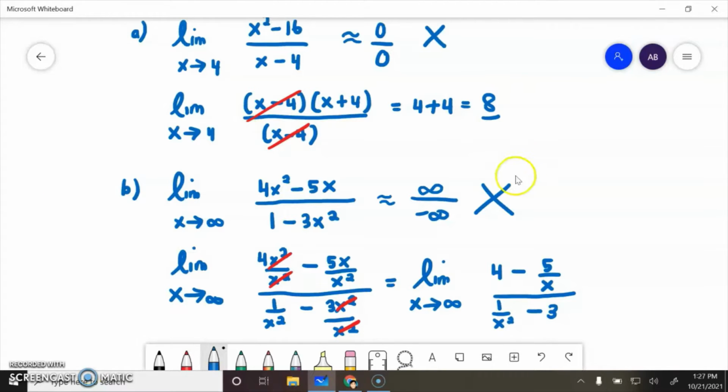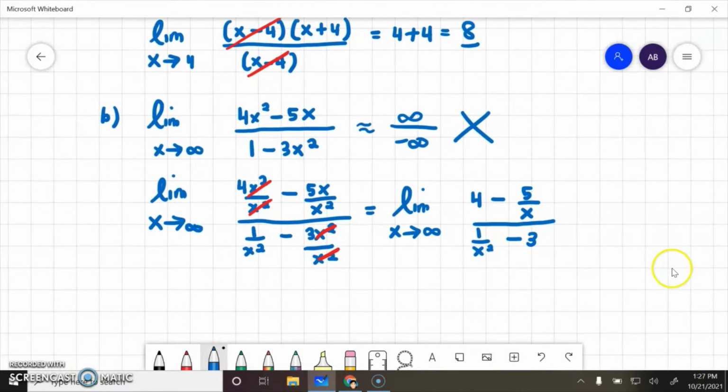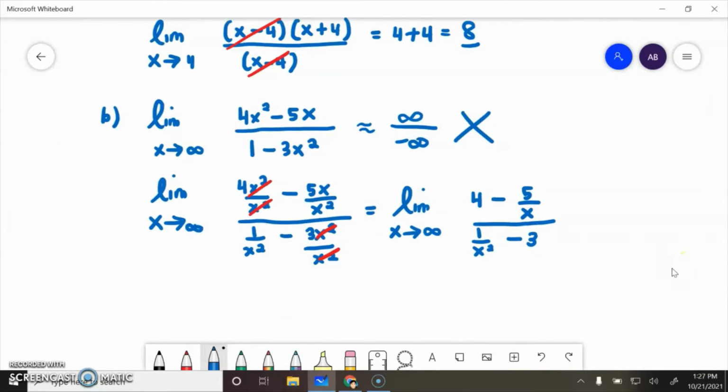Now what happens when a number is divided by infinity? I can make a note here. Just try it out. Let's say my x is 1000. What happens when 5 is divided by 1000?